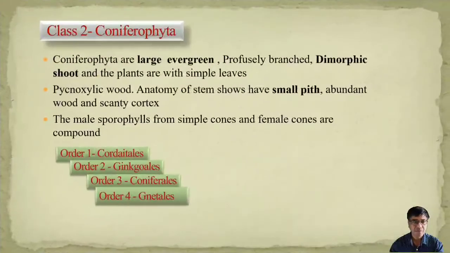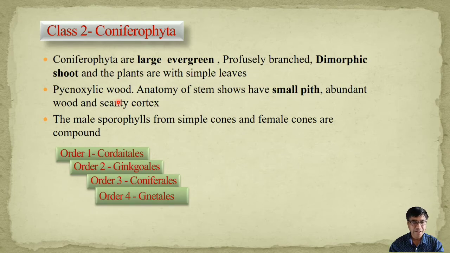Second class, Coniferophyta. They are large, evergreen, profusely branched with dimorphic shoots, means long and dwarf shoots, and the plants are with simple leaves and sunken stomata are present. The wood is pycnoxylic, means hardwood.